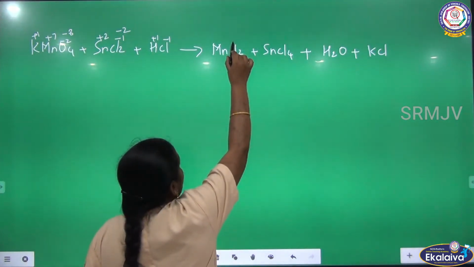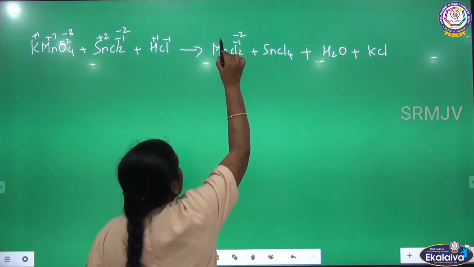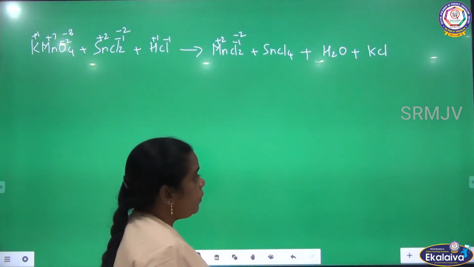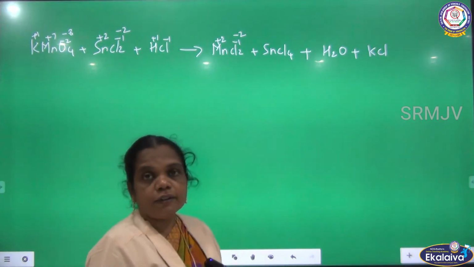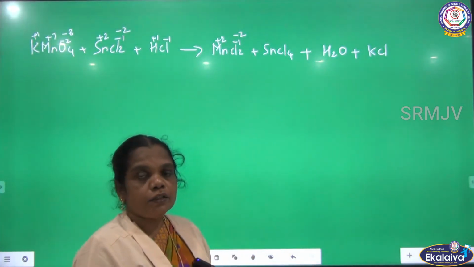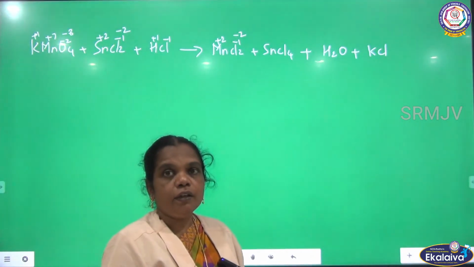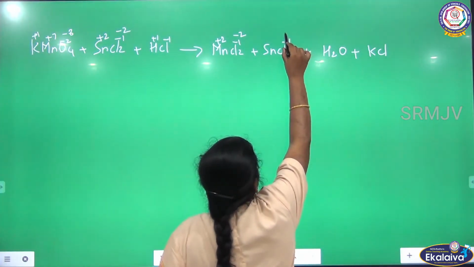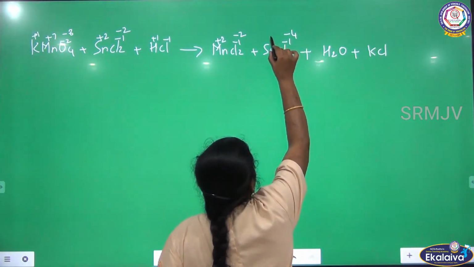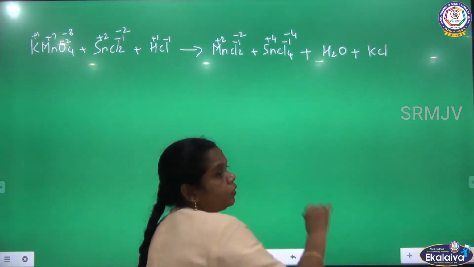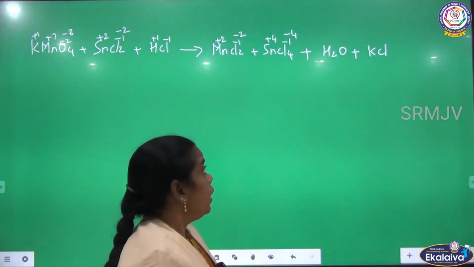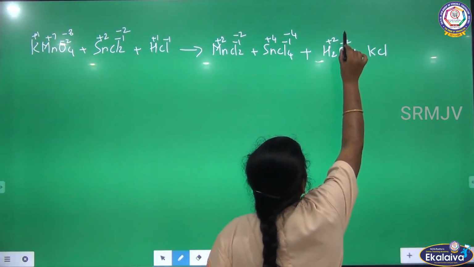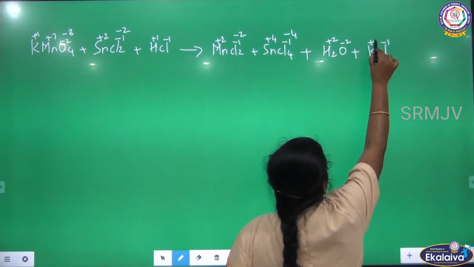Next manganese, -1 for this compound, -2, so manganese becomes +2. In the same way chlorine: the general oxidation state for chlorine is -1 in all cases except oxyacids, so only there is a change in oxidation number. Now -1 for this compound, -4, so strontium has +4. And next oxygen has -2.